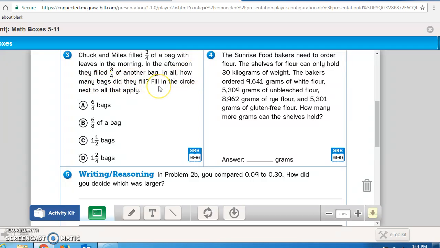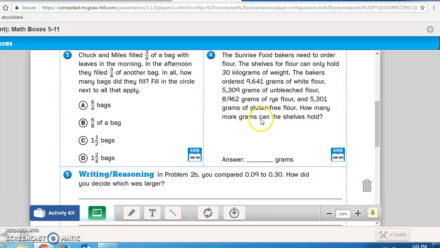So, if you're doing it in all, you should know that you're adding them together. Please realize that there is more than one correct answer to this problem. They're just writing it in different ways. Pause the recording now and do Math Box 3. Math Box 4 reads, the Sunrise Bakers need to order flour. The shelves for flour can only hold 30 kilograms of weight. The bakers ordered 9,641 grams of white flour, 5,309 grams of unbleached flour, 8,962 grams of rye flour, and 5,301 grams of gluten-free flour.